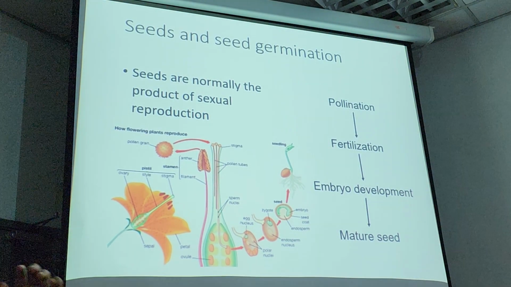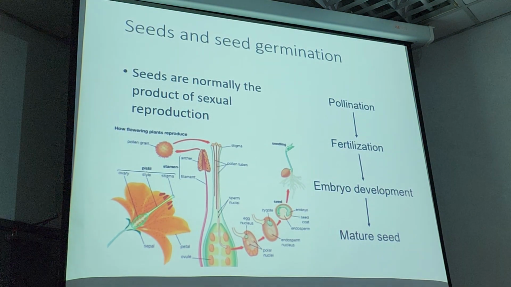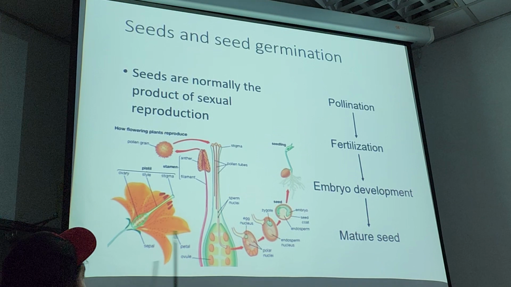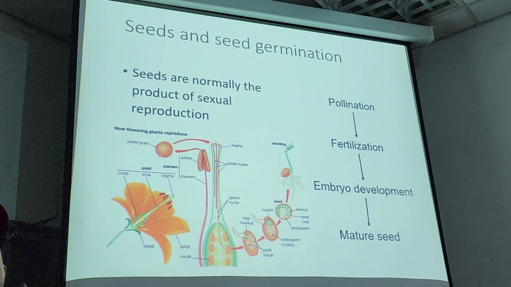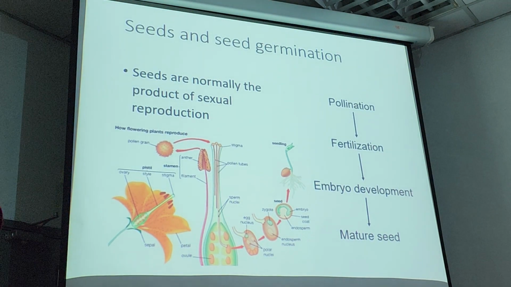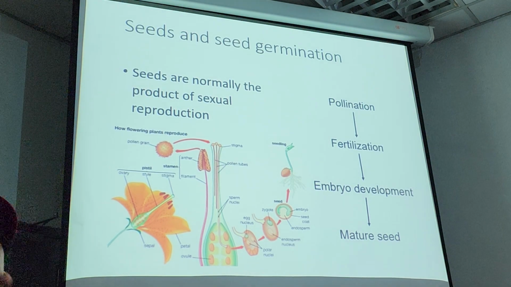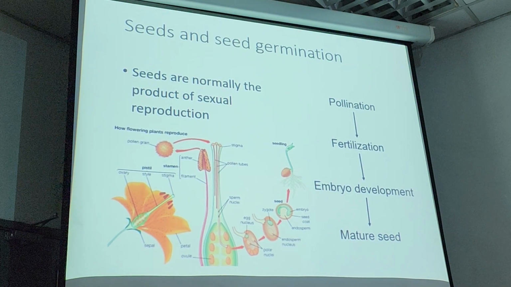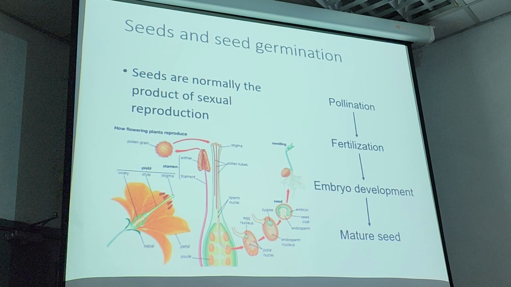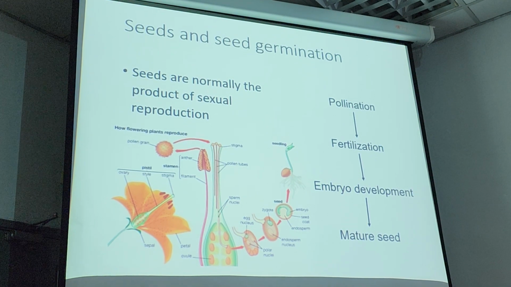So, since you have learned about growth and development last week, the changing from ovule to seeds, ovary to fruit, is that growth or development? Why? It morphs into something different. Yeah, it involves morphogenesis.